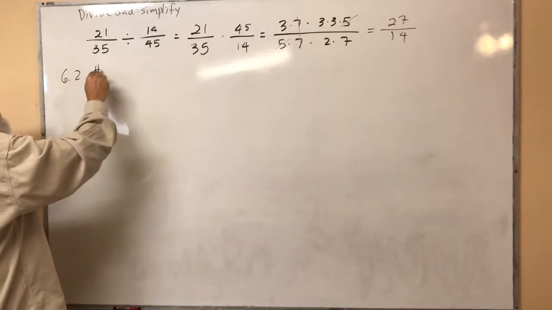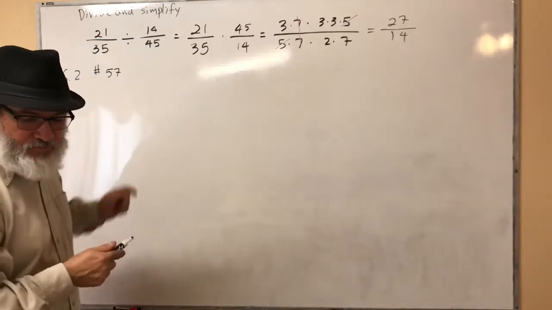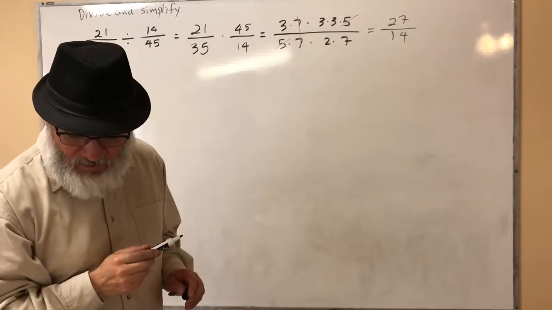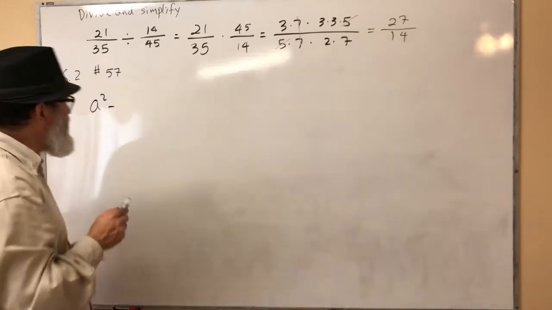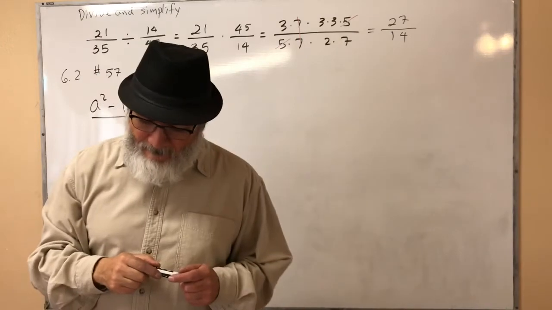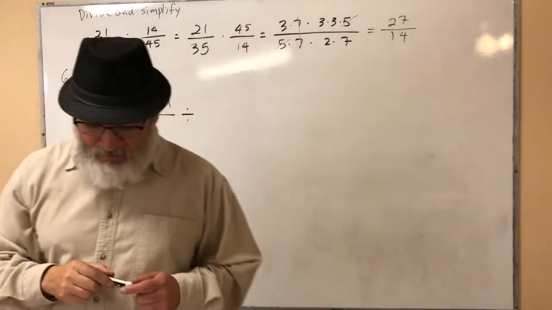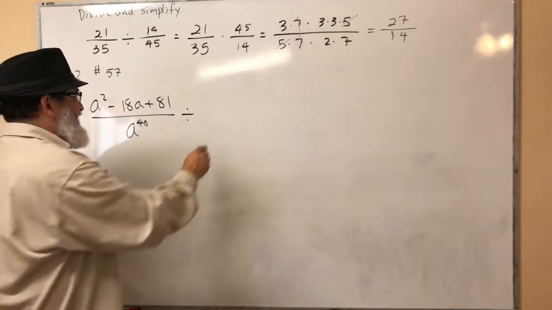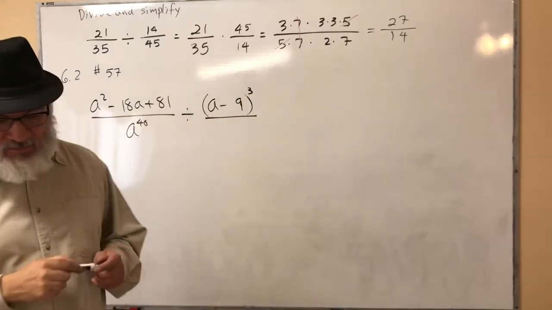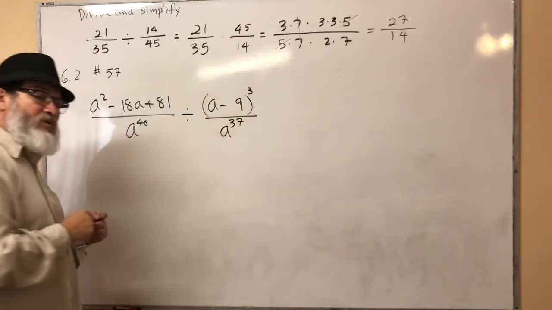This is what it says: a squared minus 18a plus 81, divided by a to the 40th, divided by a minus 9 to the 3rd, divided by a to the 37th.